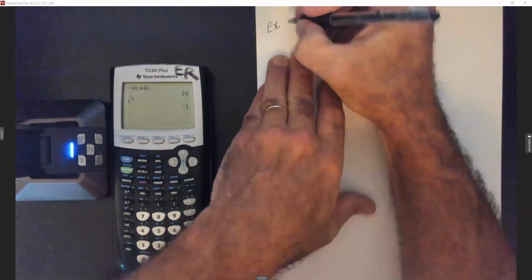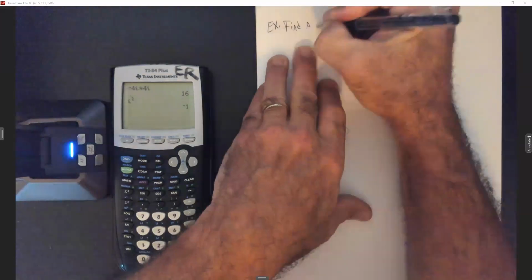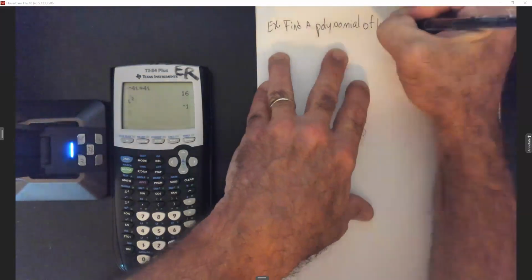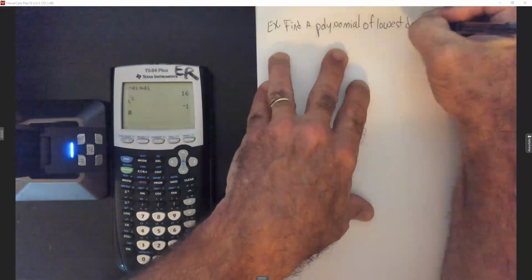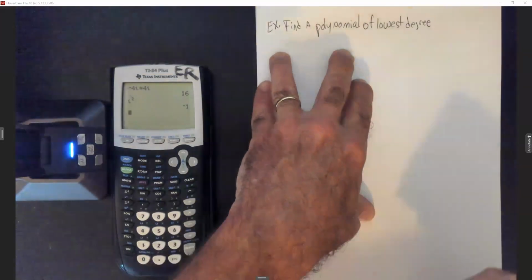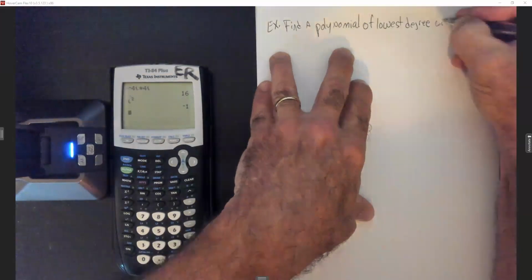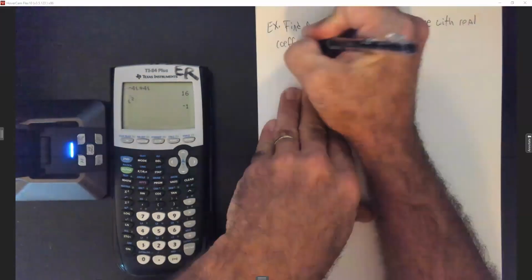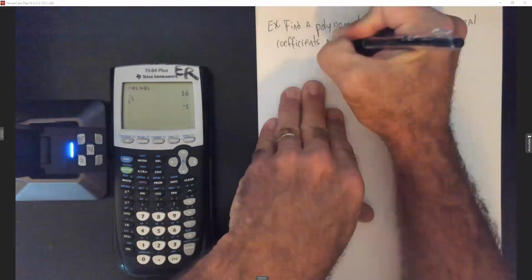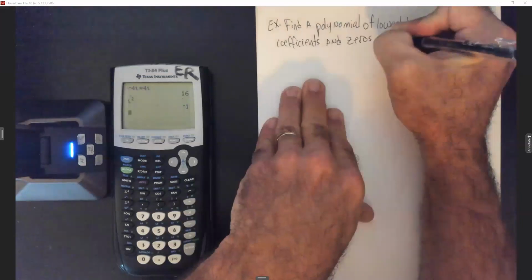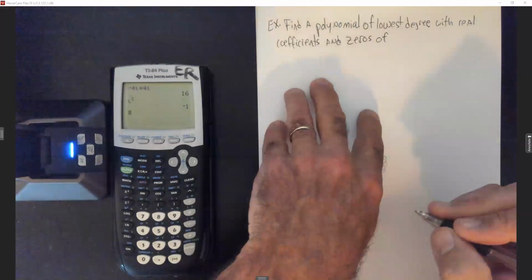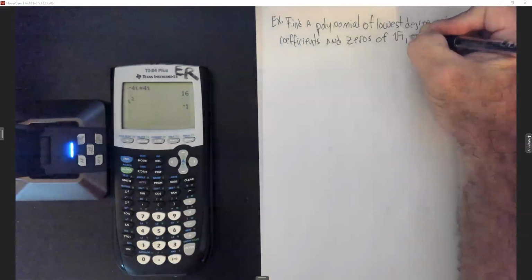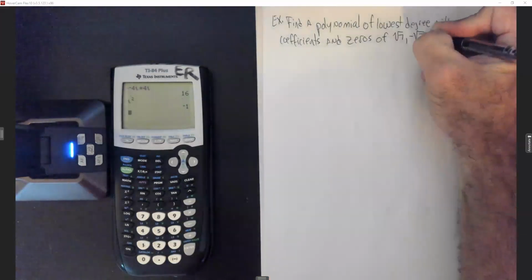Find a polynomial of lowest degree with real coefficients and zeros of, let me find my zeros, where'd they go? Square root of 7, negative square root of 7, and 4.